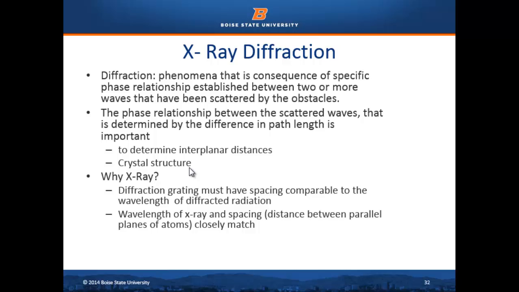So, why do we consider X-rays and not microwaves or radio waves? It is because a diffraction grating must have spacing comparable to the wavelength of the diffracted radiation. The wavelength of X-rays and the spacing, the distance between parallel planes of atoms, closely match each other.